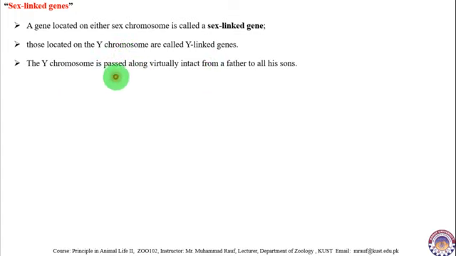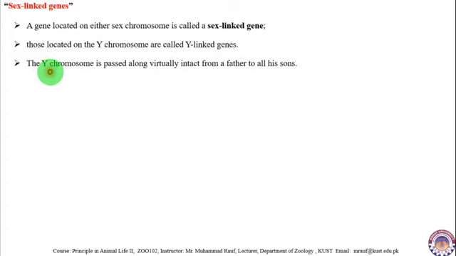The Y chromosome is passed along virtually intact from a father to all his sons, means there is no change in the gene complement of the Y chromosomes, and exactly the same Y chromosome is passed to the offsprings.